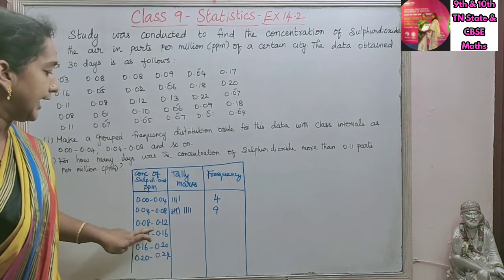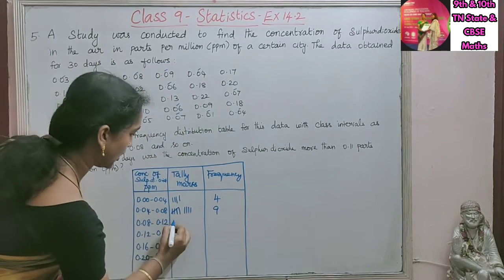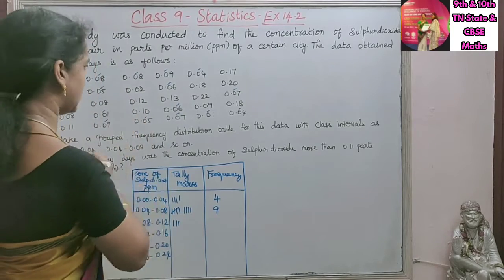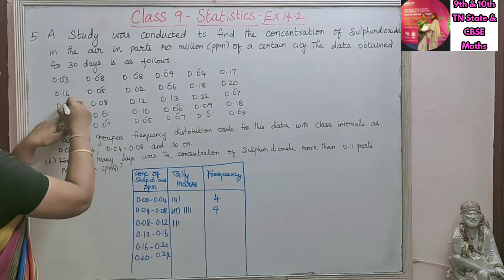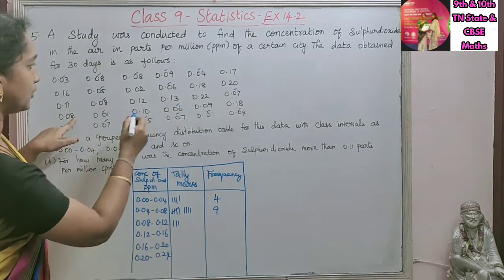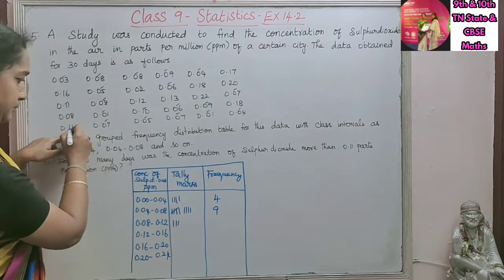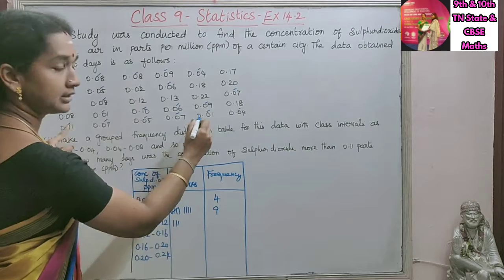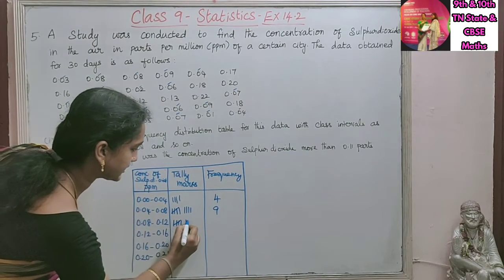Then 0.08 to 0.11. So 1, 2, 3, then 1, 2, 3, 4, 5, then 6, 7, 8. Then the next one is 8, so 3, 4, 5, 6, 7, 8.